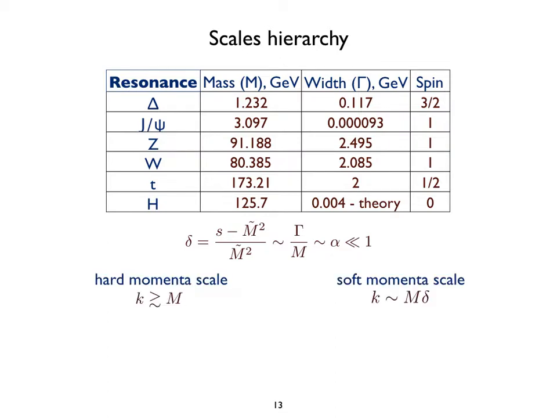As we are interested in physics near the resonance peak, the hard momentum scale of order particle mass is integrated out and accounted for in the coefficient functions of the effective Lagrangian and the effective vertices by matching to the underlying theory. At the end, we work only with the soft scale modes in the effective theory.